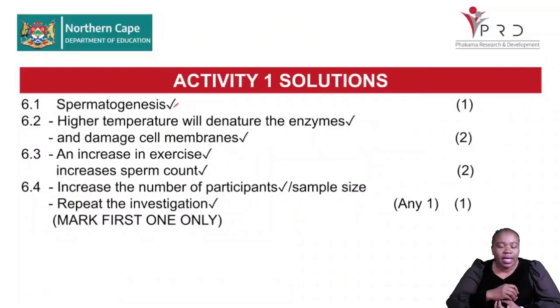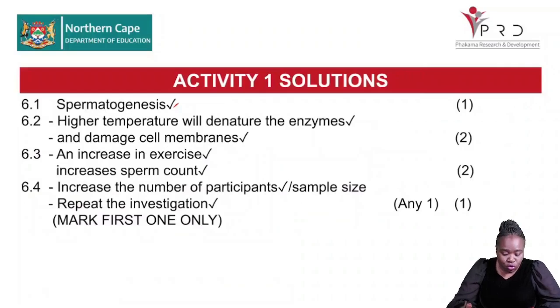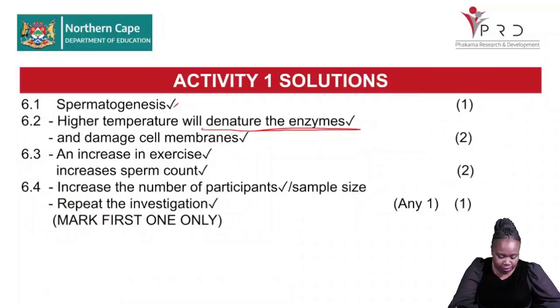So those enzymes function at an optimum temperature just below 37 degrees Celsius. So if it is around 37 or more, those enzymes will not be able to function, meaning that their enzyme activity has been reduced, and that can affect the ability of the testes to produce any sperm. So higher temperature will denature the enzymes and damage the cell membranes.